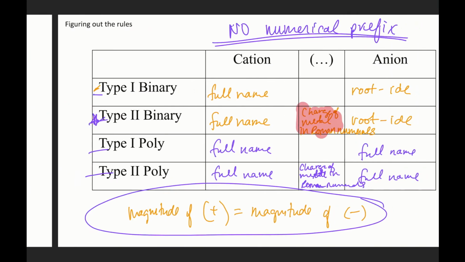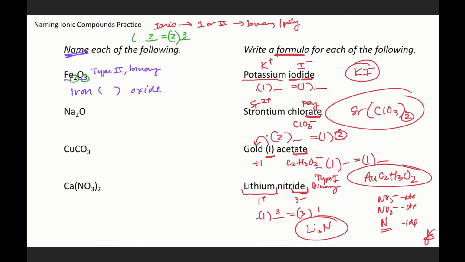So I just need to figure out what this charge is. This is like our X. So what must X be? X must clearly be 3. X equals 3. So that means this is iron 3 oxide. Does that make sense?